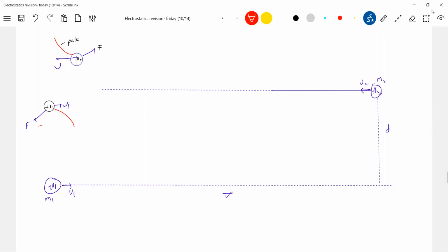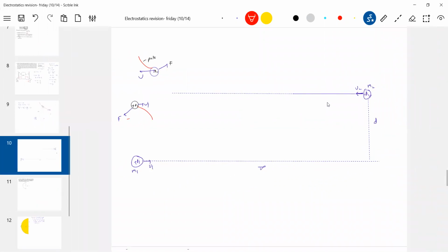So therefore, let's make the path small. How should the resultant path of this be? So this is the minimum distance it will come. This will be the R minimum.